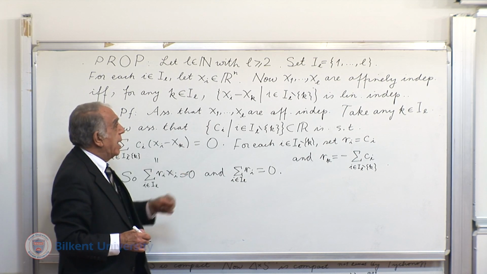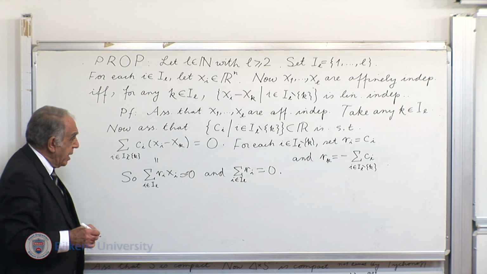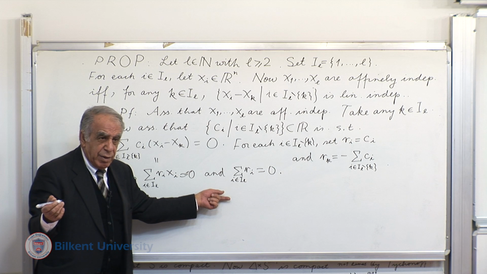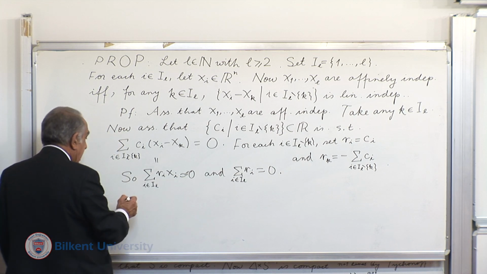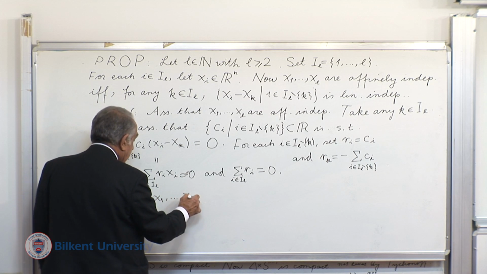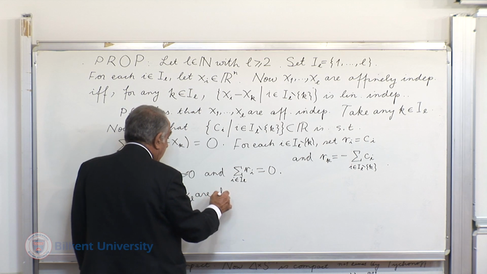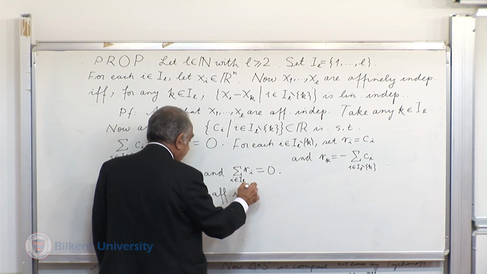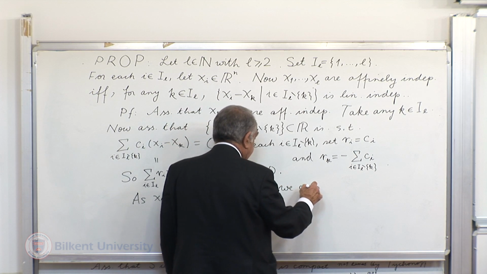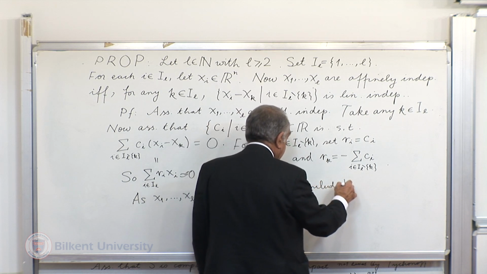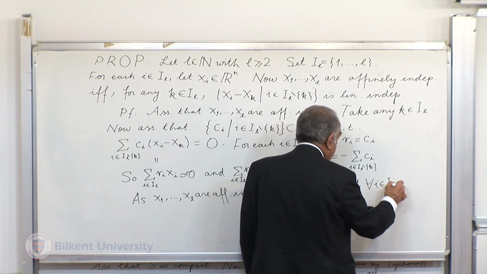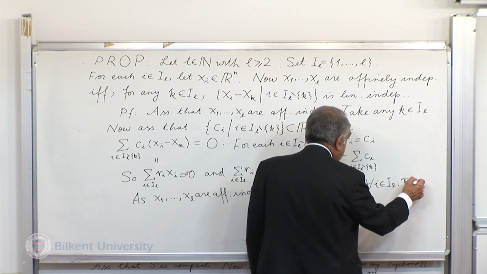Thus, since x_1 up to x_L are assumed to be affinely independent, these two conditions imply that all r_i's are 0, by definition of affine independence. As x_1 up to x_L are affinely independent, we conclude that for all i in I_L, r_i is 0.